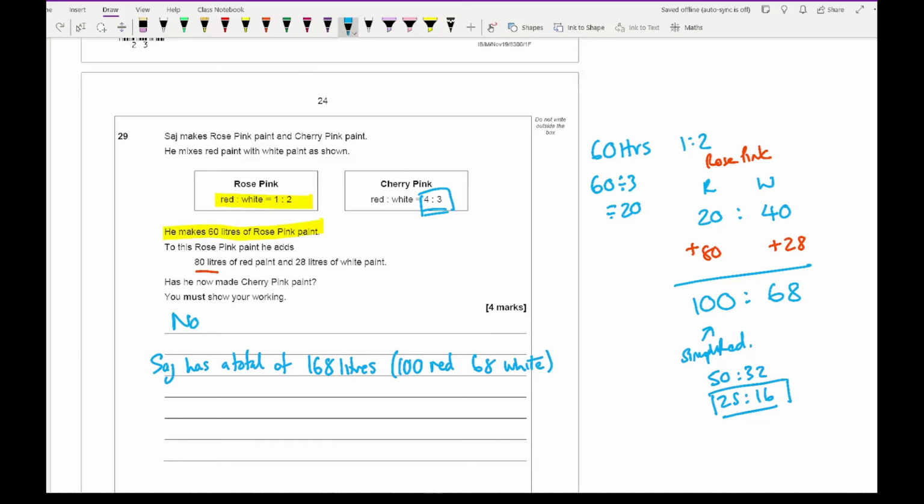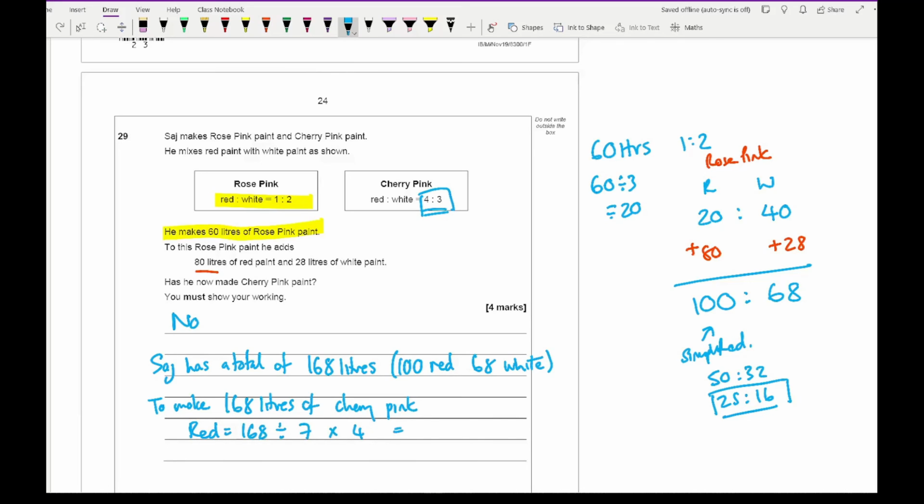Now, to make 168 litres of cherry pink, in terms of the red paint, he's going to need 168 divided by 7 times by 4.